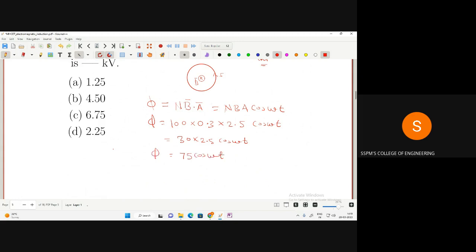So in this way you first find the magnetic flux, and the magnetic flux is 75 cos omega t.